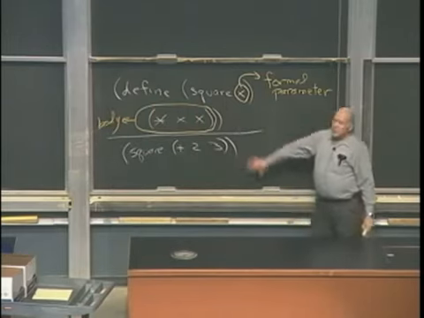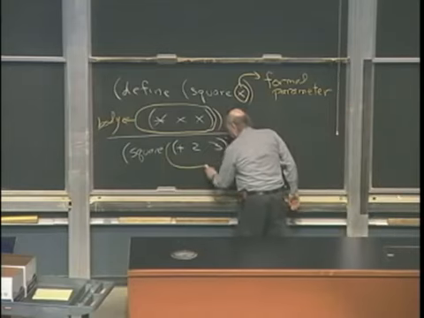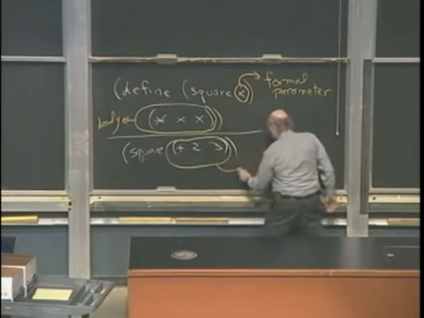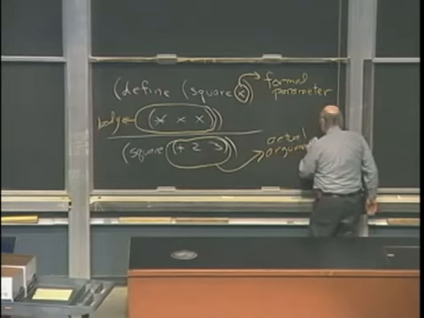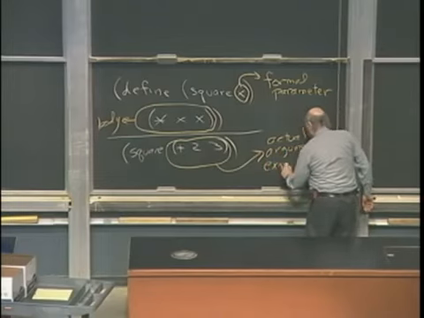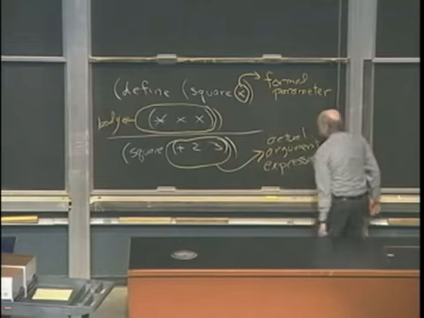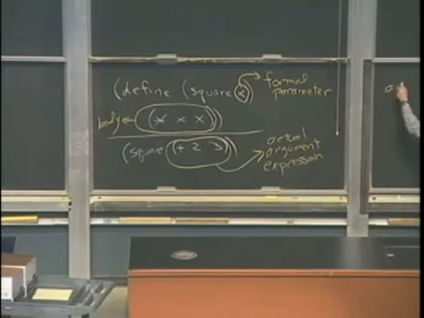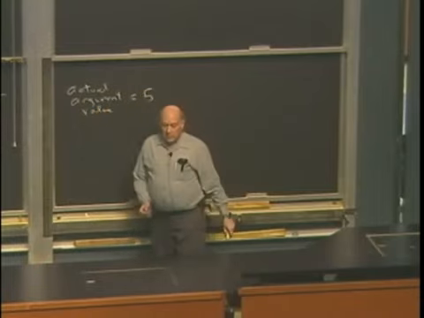Those things are part of the definition of a function. This is the actual argument expression. And then a sort of invisible thing is the actual argument value, which is 5.